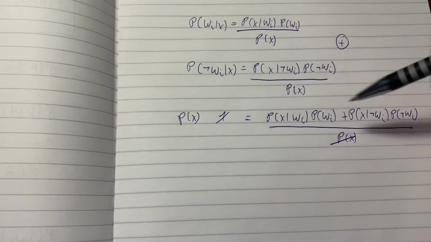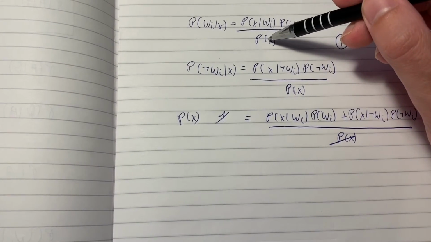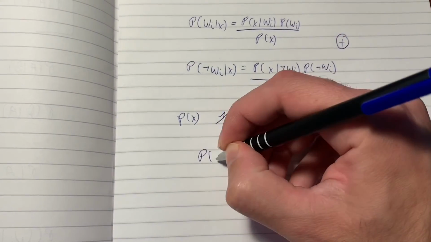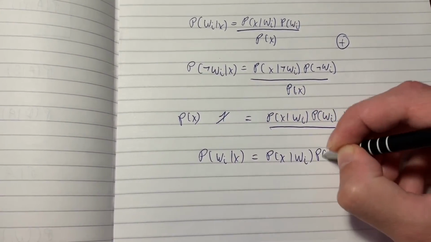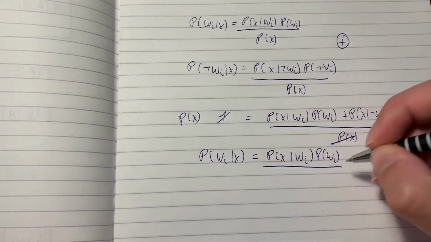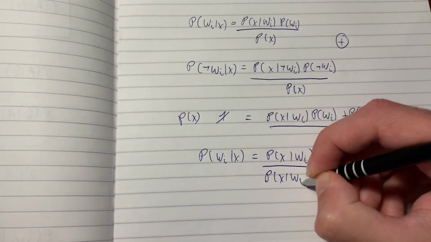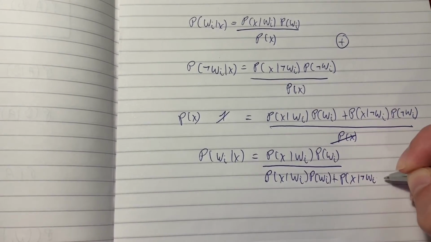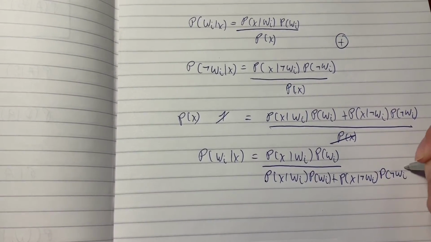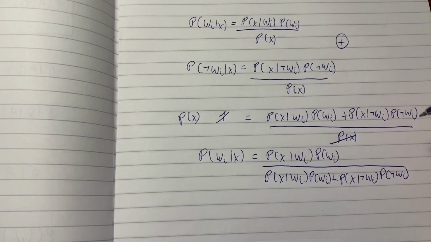Now we can substitute this expression back into here. Of course, we now have quite a big denominator, divided like that.